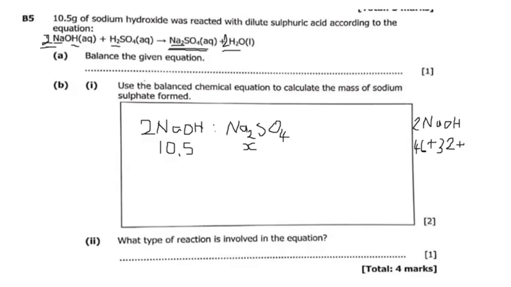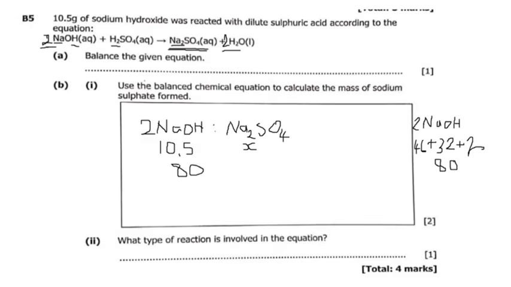We are multiplying two atoms of hydrogen by the mass number, which is 1, which is giving us just a 2. So now when you add all these numbers, the relative formula mass of sodium hydroxide is 80. So you're going to write down 80 like that.